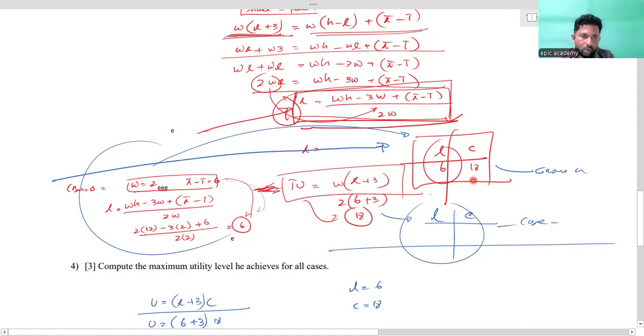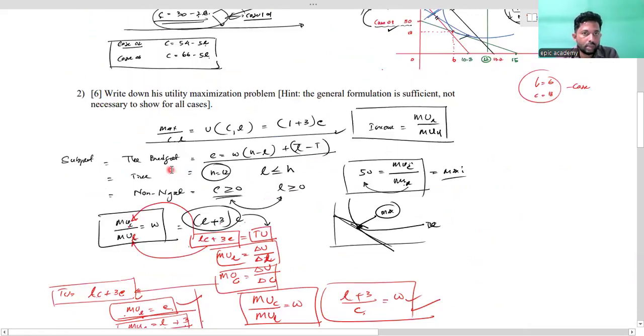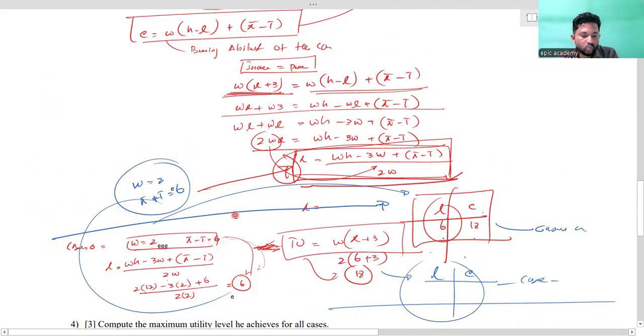Because W equals 2 and 5 minus T equals 6, that is what is happening here. For that one, you calculate the value for L and consumption. According to that particular equation, you have to calculate the values for the second case also. How? In that position, you have to change the W, because it is already given. So I got 3.9 and 34.5 for case 2.